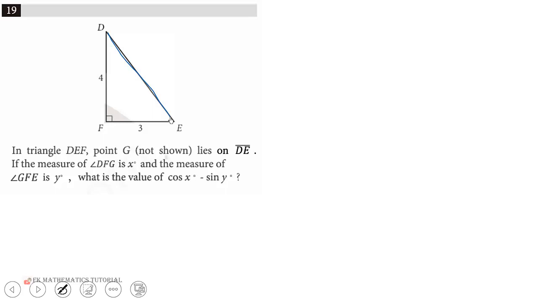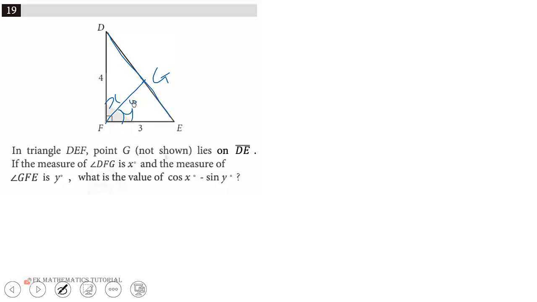If the measure of angle DFG is x degrees, so let's assume that G is somewhere here, so DFG is x degrees, and the measure of angle GFE is y degrees.